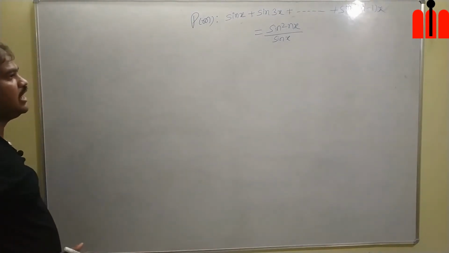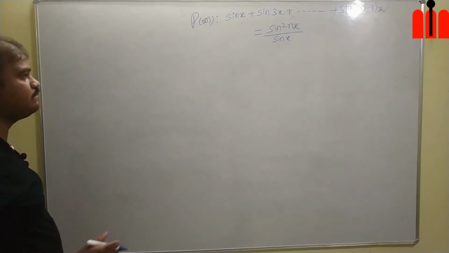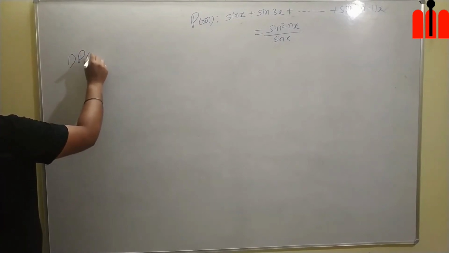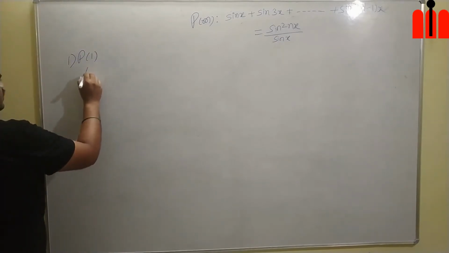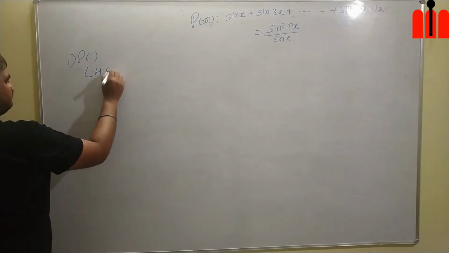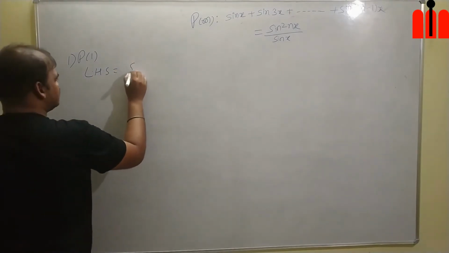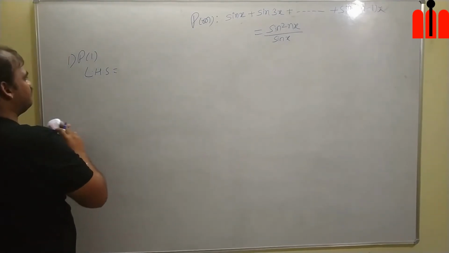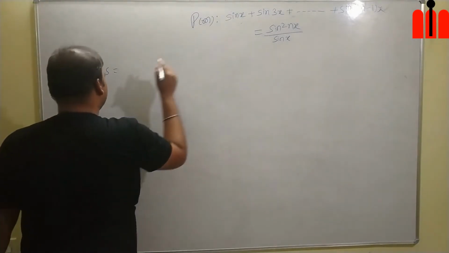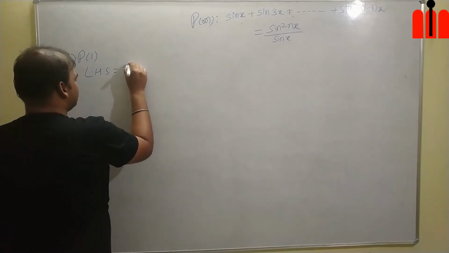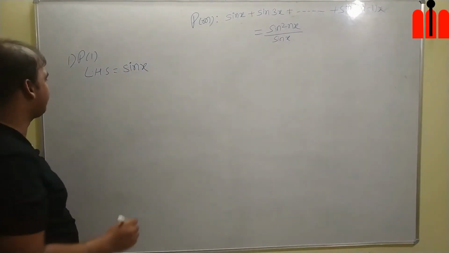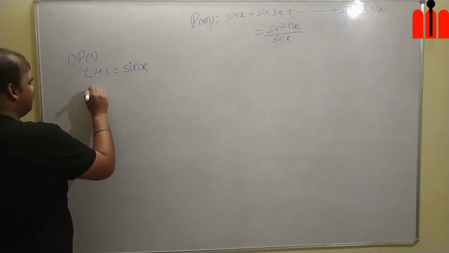For this, let us start with P1. This is our check step, which is P1. For P1, my LHS will be the first term, because the n value is 1, so it will be sine x. Now what will be my RHS?